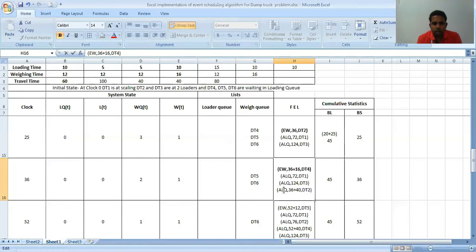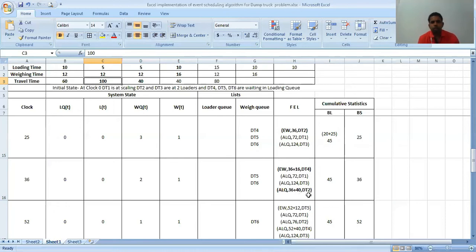And the dump truck DT2 has gone for traveling. It will arrive at the loader queue after the 40th clock minute from now. So that's the reason it's going to be 36 plus 40. 36 is the current clock time, 40 is the traveling time. 100 was given to DT3. 40 is given to DT2 as a traveling time.